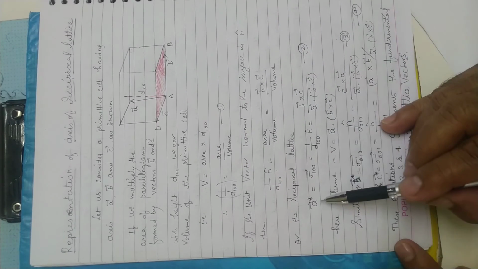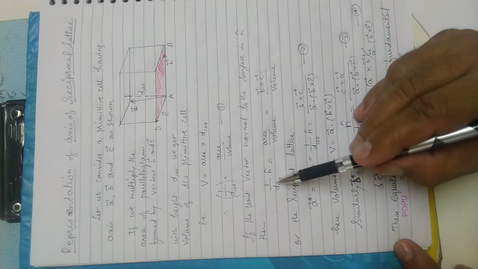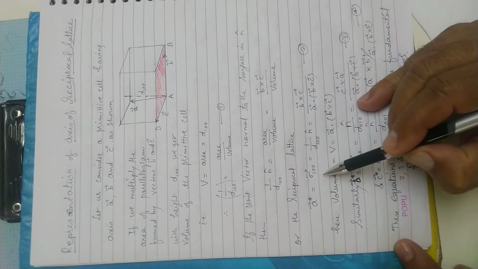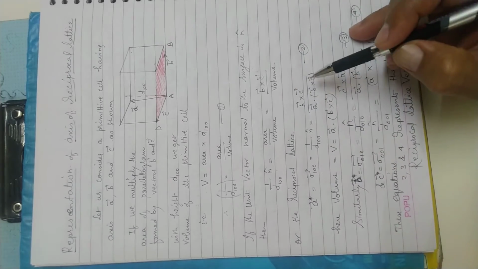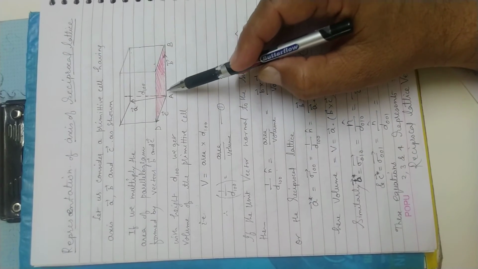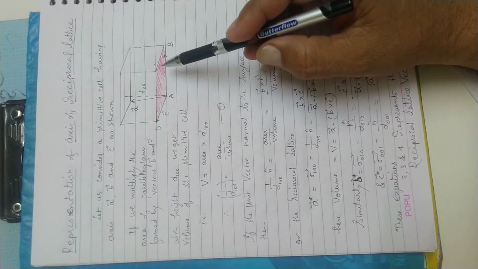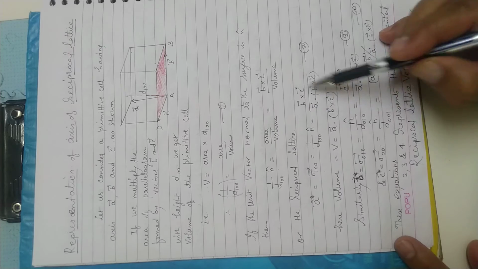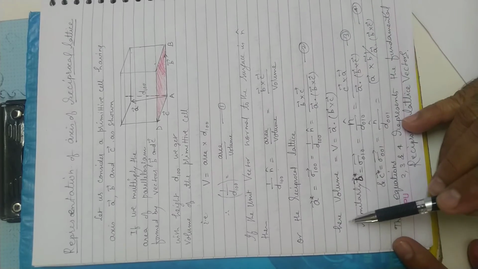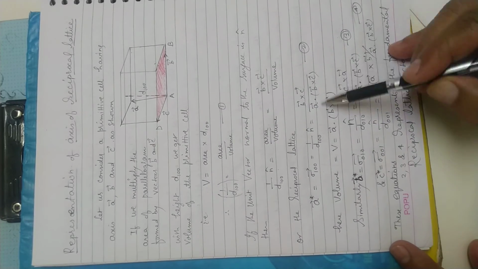So the reciprocal lattice vector A star can be written as 1 upon d100, denoted by sigma 100, and volume we all are familiar with. Volume of any cuboidal cell is simply A dot B cross C. So it is B cross C upon A dot B cross C, the scalar triple product of the vectors.